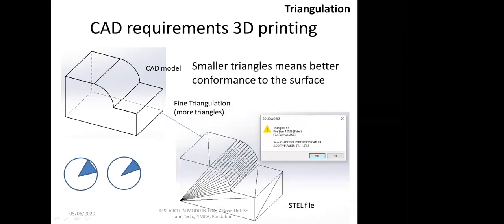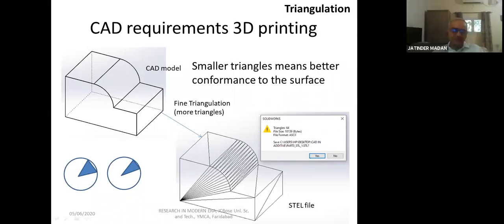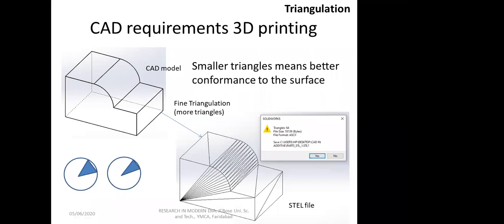Sir, I want to know why we divide all the faces into triangular shapes only. Okay. This is because a triangle is the simplest form of representation when you want to represent a surface or a plane.